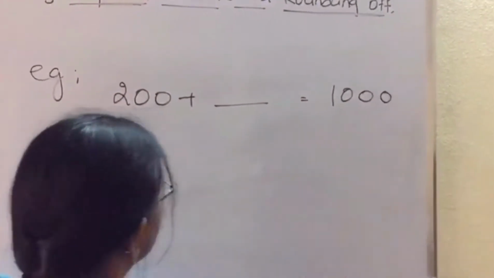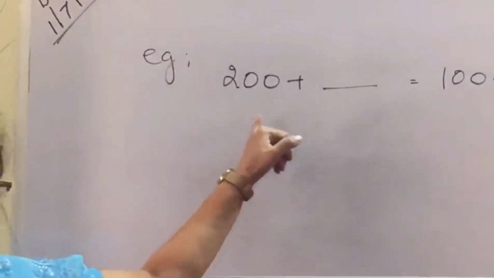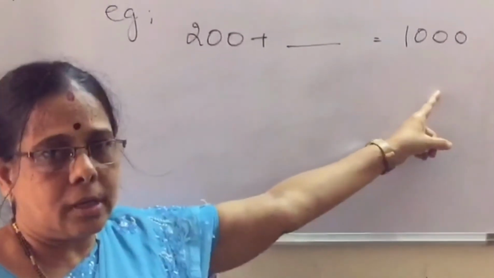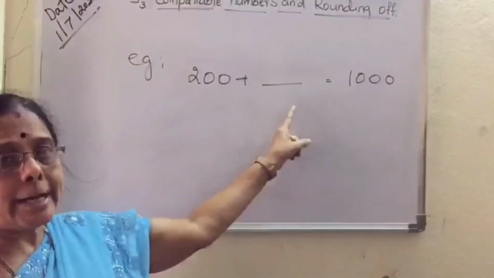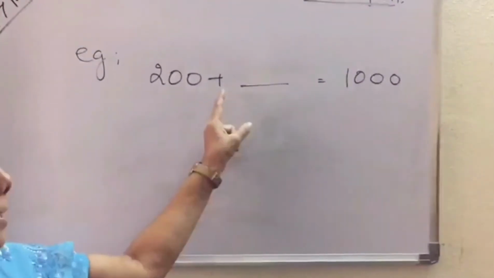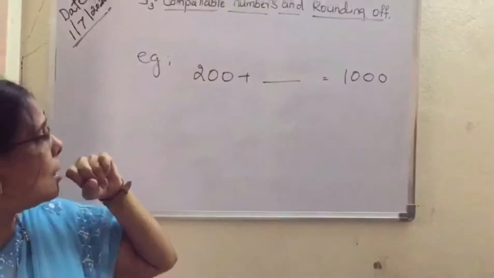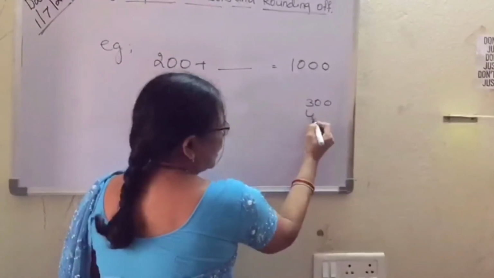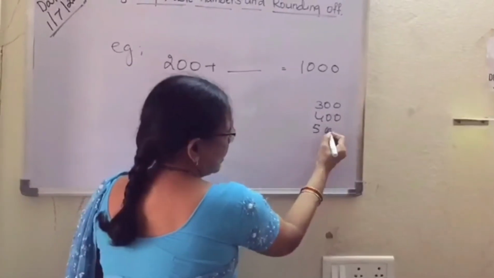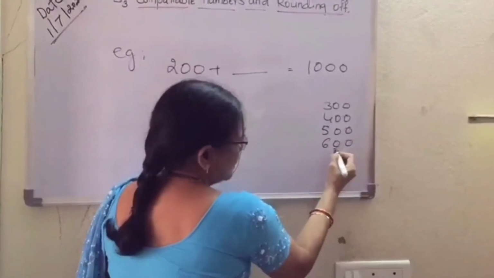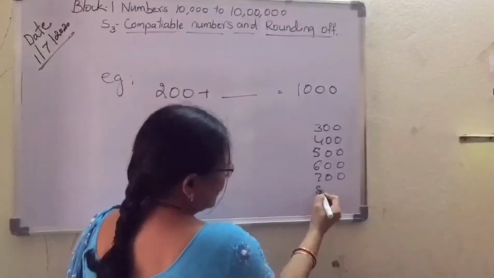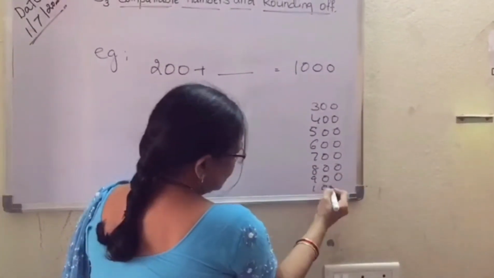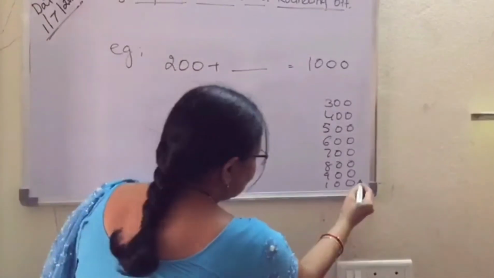Thousands. See, now I have two hundreds. Now I want to make a thousand. How many hundreds do you need, children? So 200, see how we will count, children? 200, 300, 400, 500, 600, 700, 800, 900, 1000. So how many hundreds do you need, children?